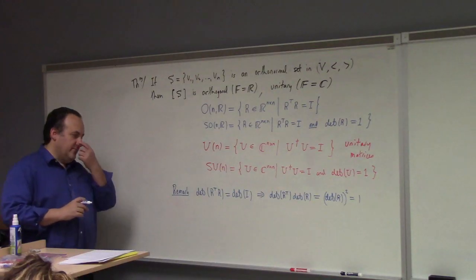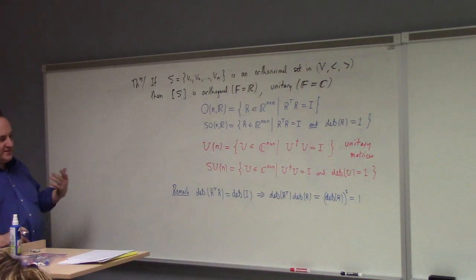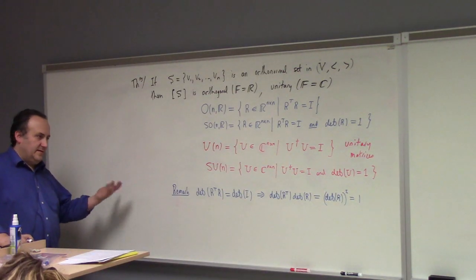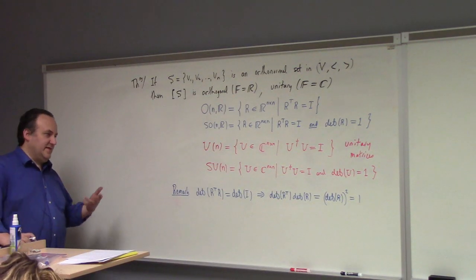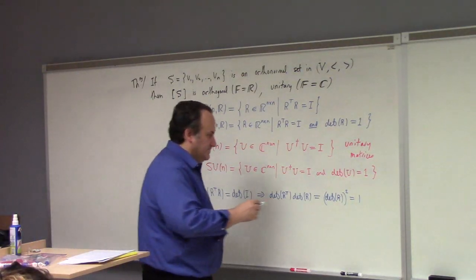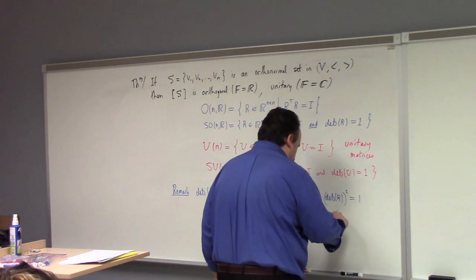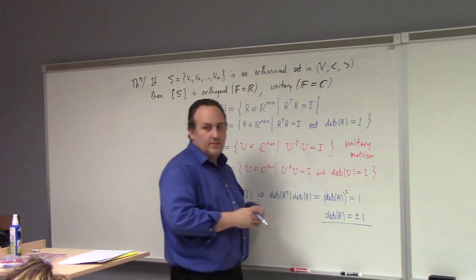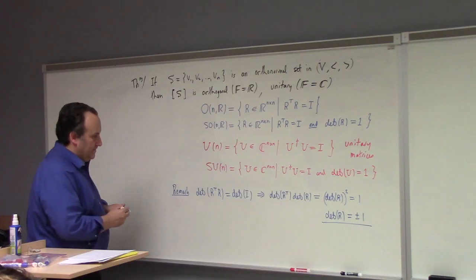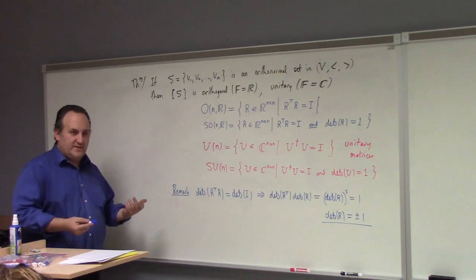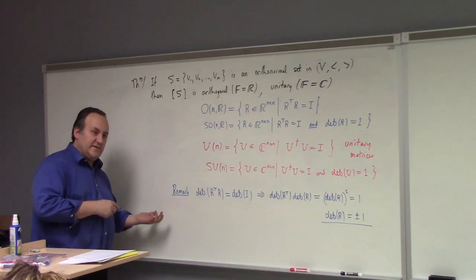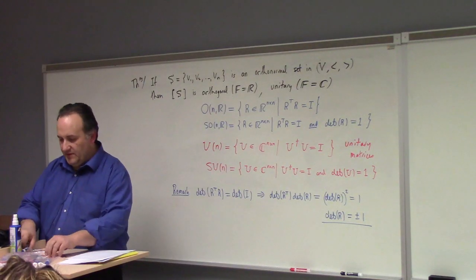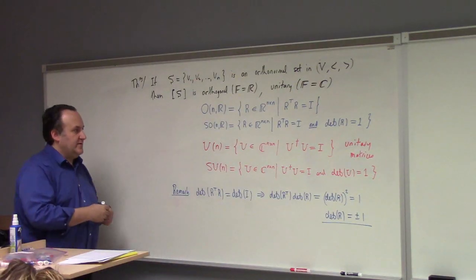Since the determinant of the product is the product of the determinants, and the determinant of the transpose is the same, right? We get determinant R squared is equal to 1, which tells us the determinant of R is what? Looks like plus or minus 1, right? So it turns out that the orthogonal matrices come in two flavors, basically. Determinant 1 and determinant minus 1. That's all there is.